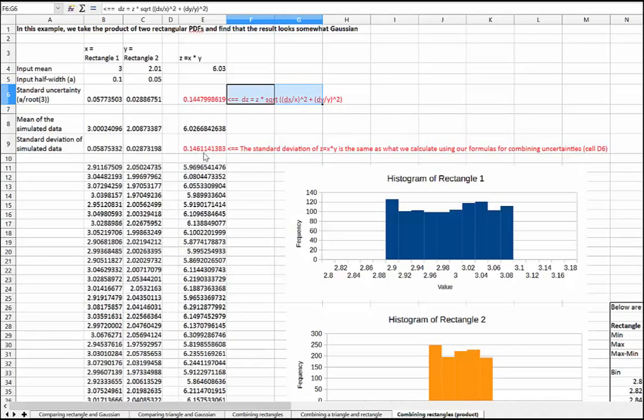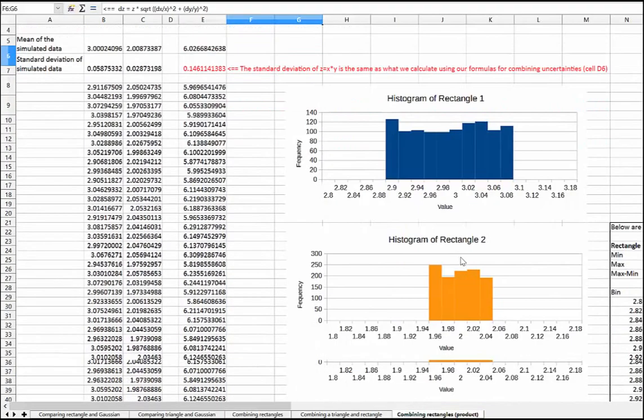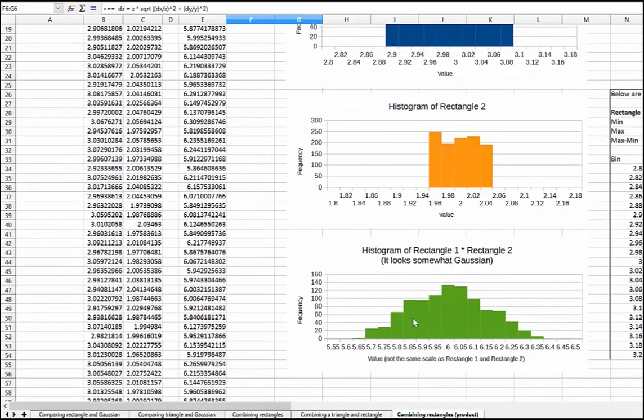So great, this is working also when we do products, and you see that when I do the product and I histogram it, I also get something that looks fairly Gaussian. Note that in this case, the scale on this axis is not the same as the scale on the axis of the two above, on the previous two tabs.